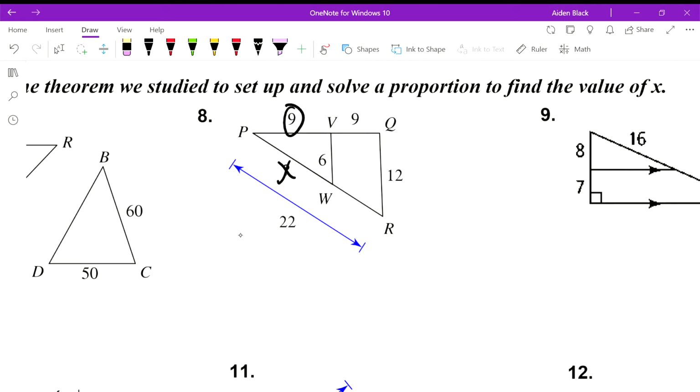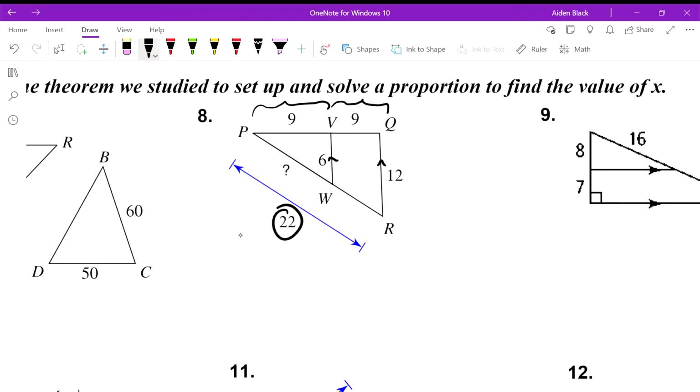Now the mid-segment says that not only are these two lines parallel, but as we stated, 6 is half of 12, and we know that the length between P and V is equal to the length between V and Q. We also know that the length from P to W should be equal to W to R. So we have to break this value in half, because then we get two equal parts.